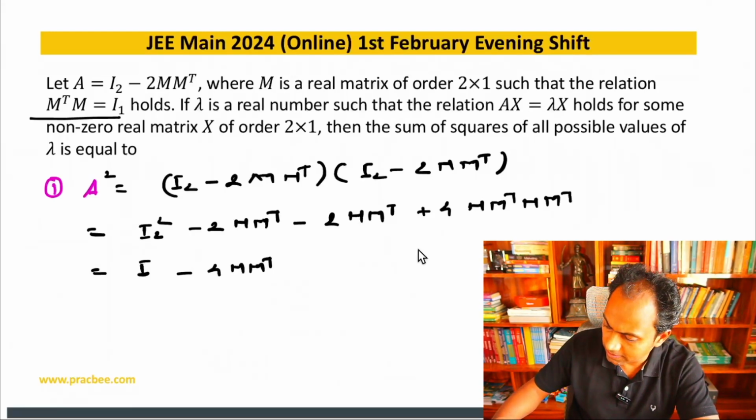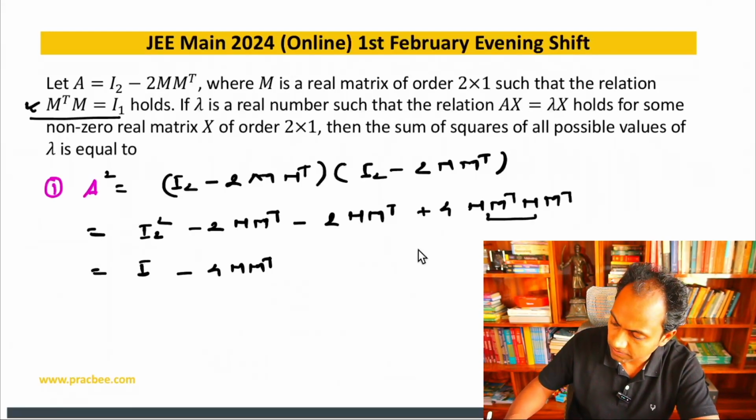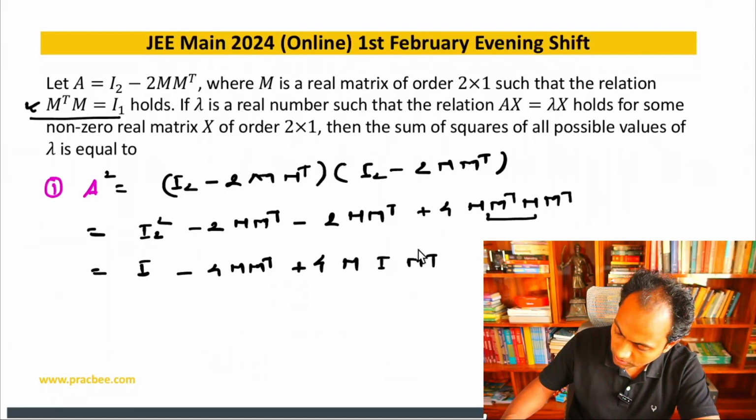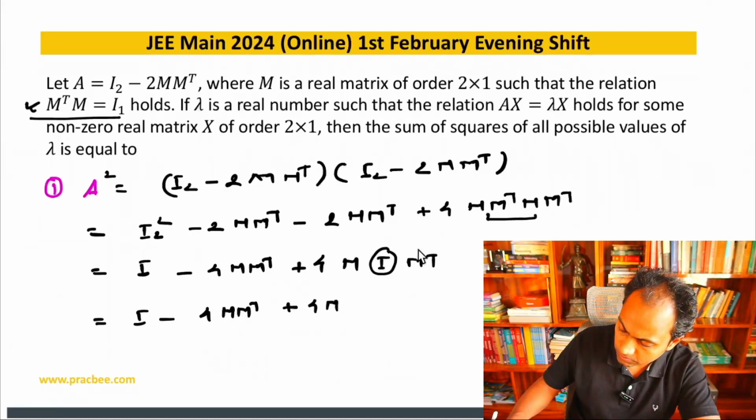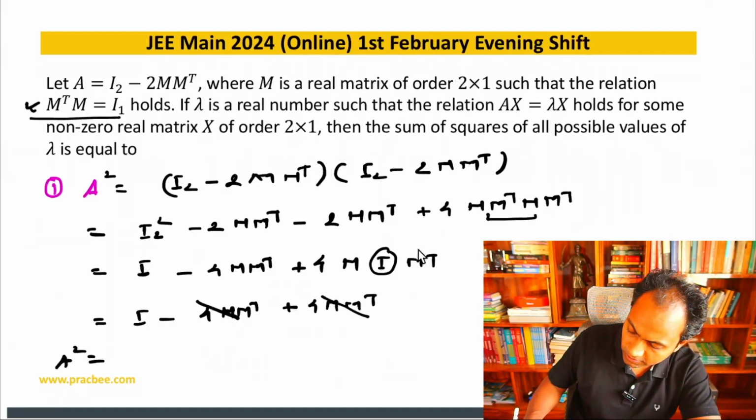And you can see that here what we are getting is m into m transpose, and the question says that is equal to I. So this will become 4, the middle part will become I, and then you have m transpose. So this part comes out to be I, and now this will in turn get multiplied. This is I, this is 4m transpose. You can see that this will also become 4m transpose, because if you multiply an identity matrix with any matrix, it comes out to be the same matrix. This will cancel out, and the value of A square comes out to be I.